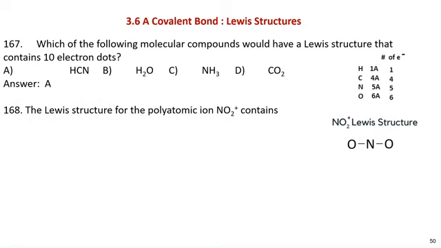NO2 plus Lewis structure. Now you have to answer a question about this. First you have to draw the Lewis structure. Nitrogen is the central atom. Why? Nitrogen makes 3 bonds, covalent bonds. Oxygen makes 2 bonds. Therefore, nitrogen is in the middle.